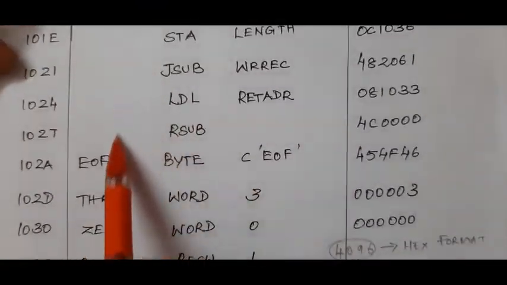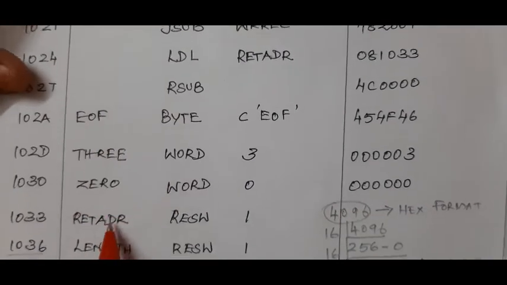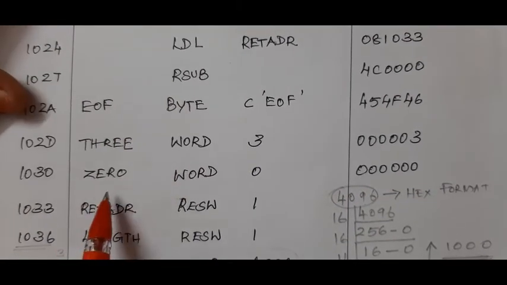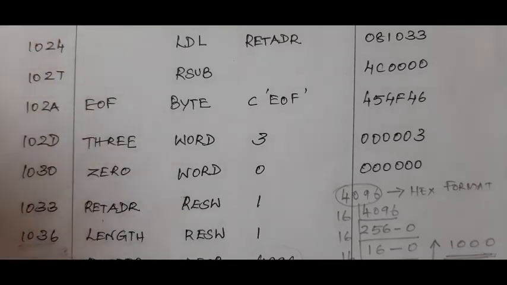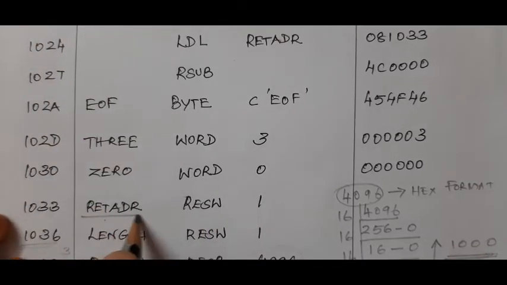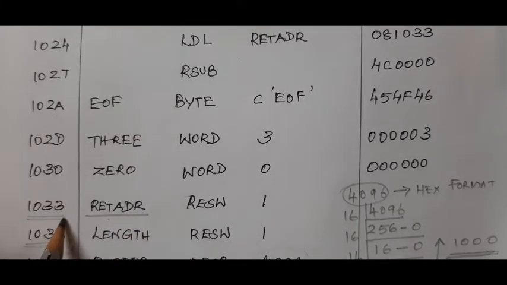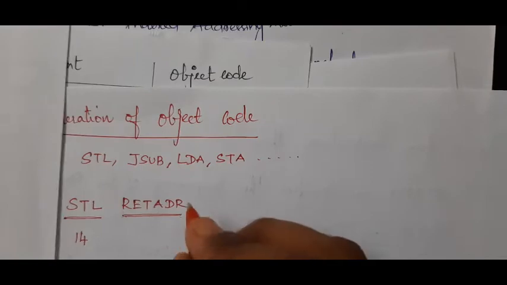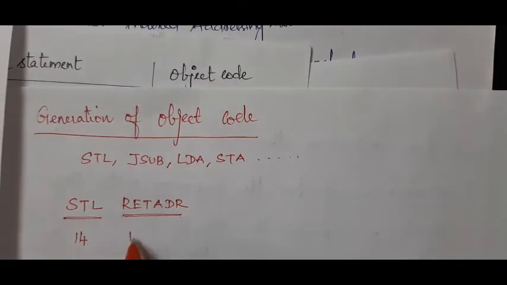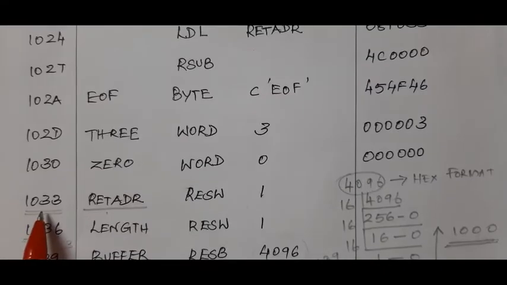You have to search near the end of the program, 30, and here you could find the return address. See the return address here. The address of the return address is 1033. So we will write this here.